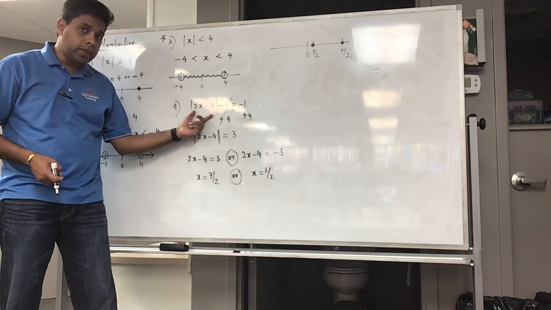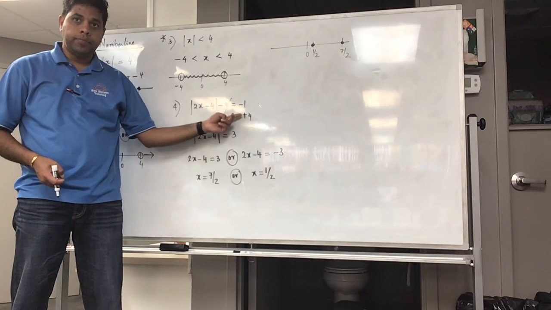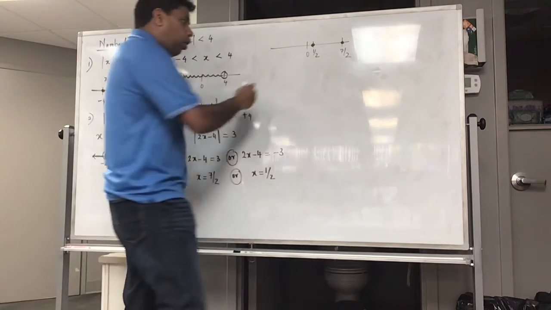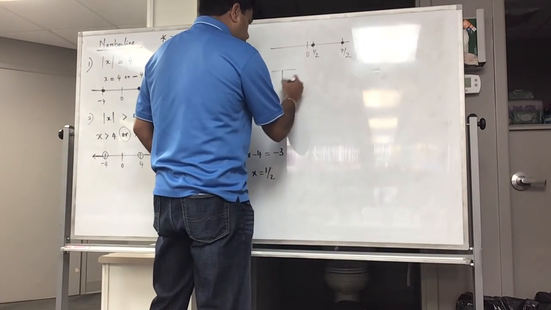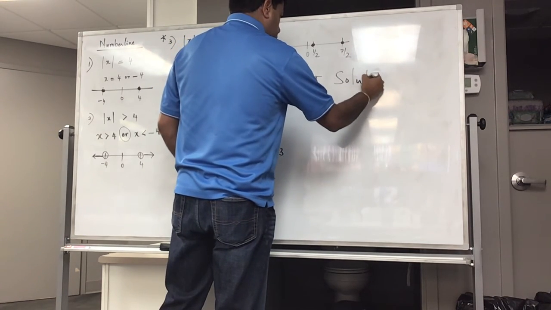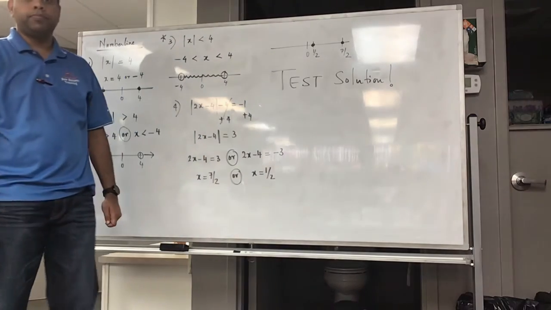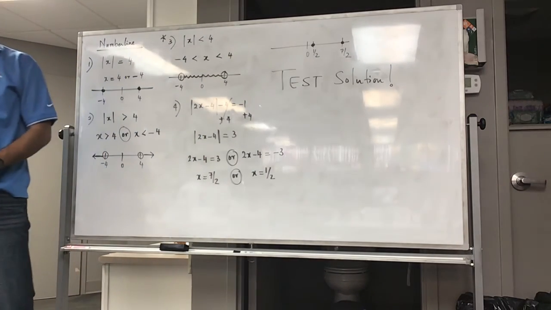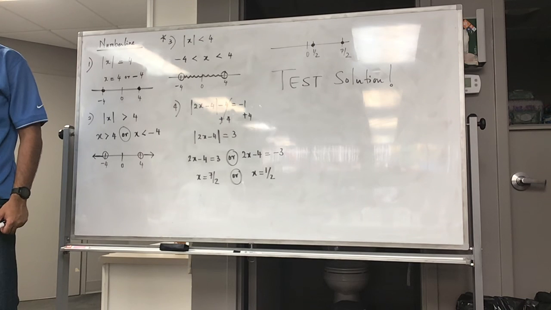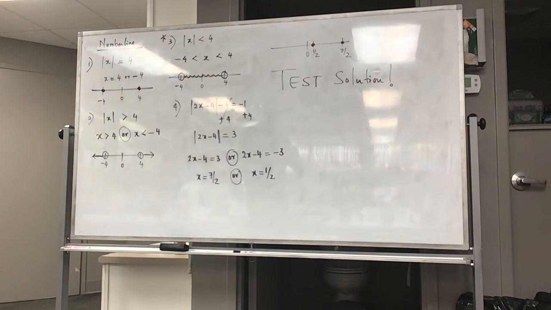Absolute of negative 3 is 3. 3 minus 4 is negative 1. So you always test your solution. You will be surprised sometimes. Just because you got an answer doesn't mean it's actually a true solution. These are sometimes called false solutions, and it happens quite a bit. Sounds good?